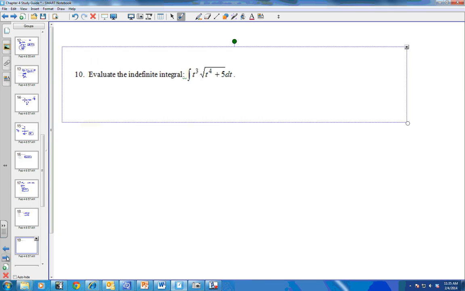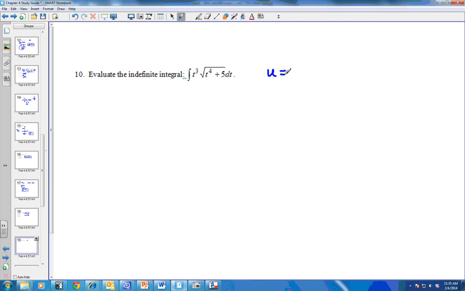Number 10, evaluate the indefinite integral. Again, this is a u substitution problem. My u is t to the fourth plus 5. My du is 4t to the third. I have everything I need except for my 4, so I can put my 4 there, put my 1/4 out in front.